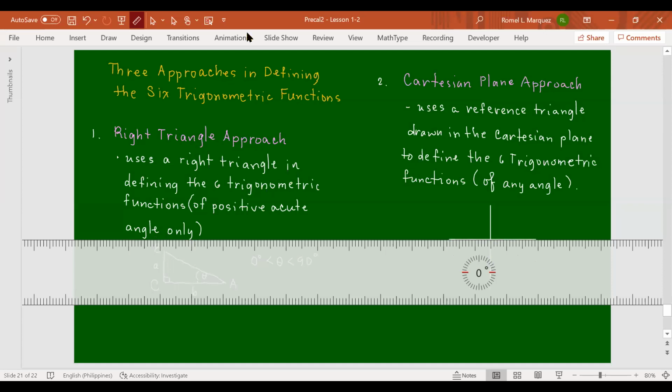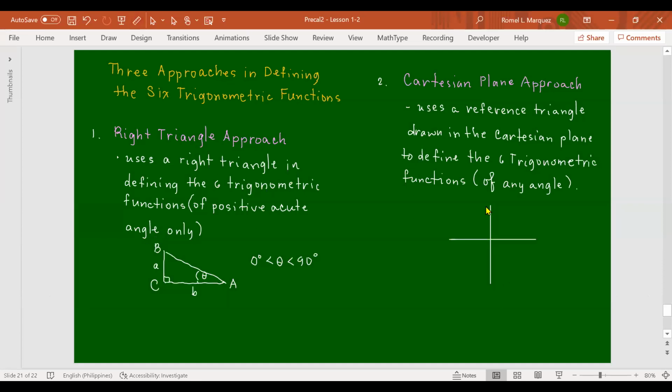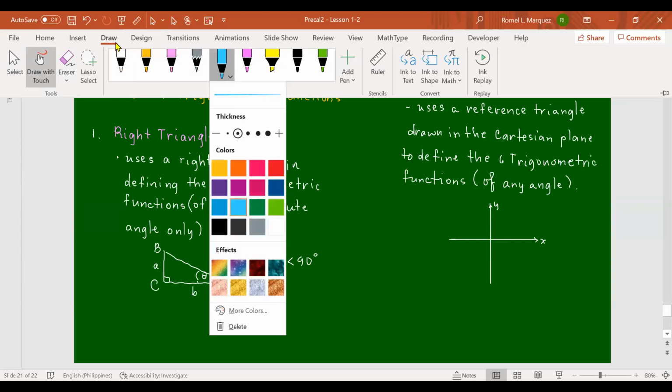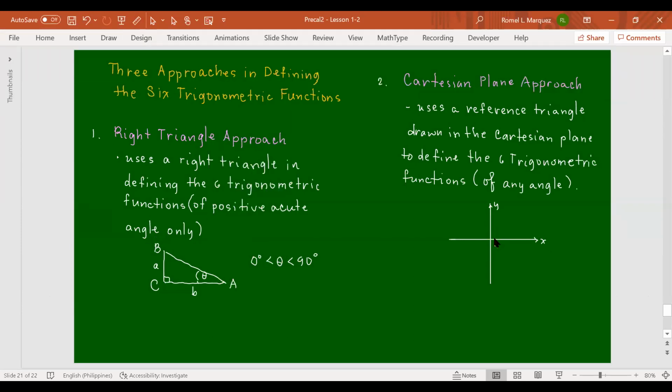So that's the Cartesian plane approach. Let's say this is y and this is my x. I'm going to draw a triangle. This is the reference angle. Let's say this is my angle. It can be any angle.